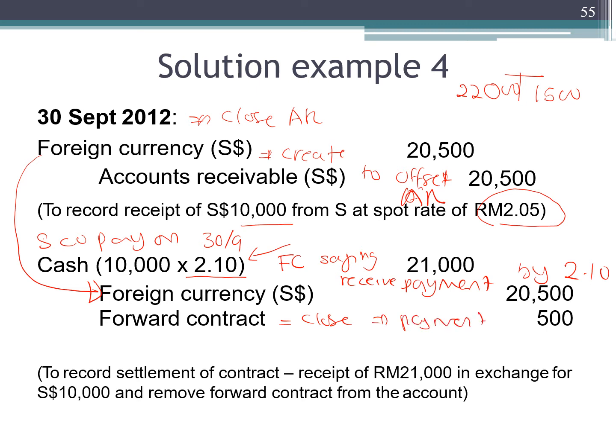They record the settlement of the contract: receive 21,000 in exchange for 10,000, because at the price of RM2.10, which is the contract that you signed, you're going to receive at RM2.10. And then remove your forward contract, which means that you're going to close the accounts. So this is what you have for example 4.